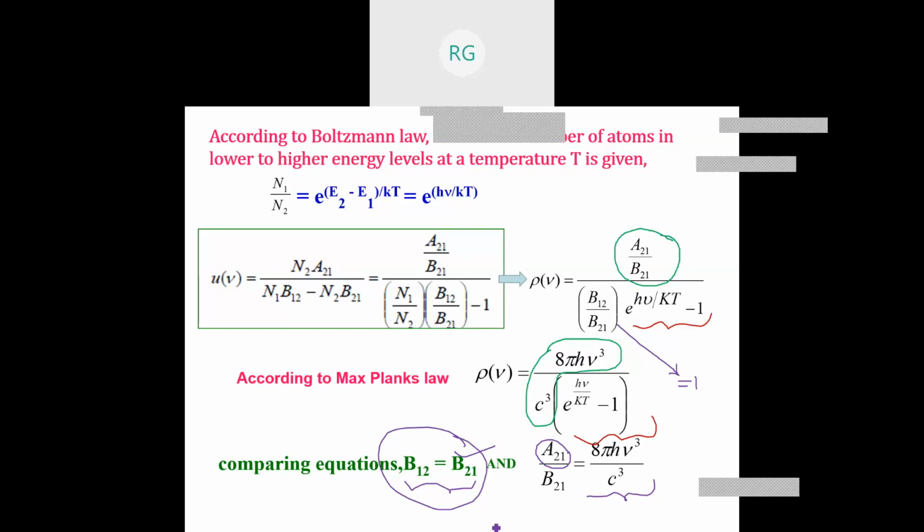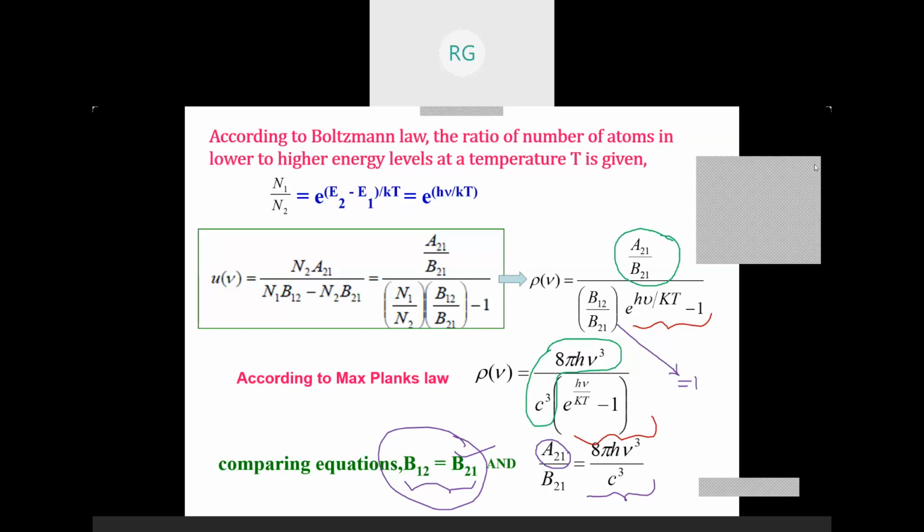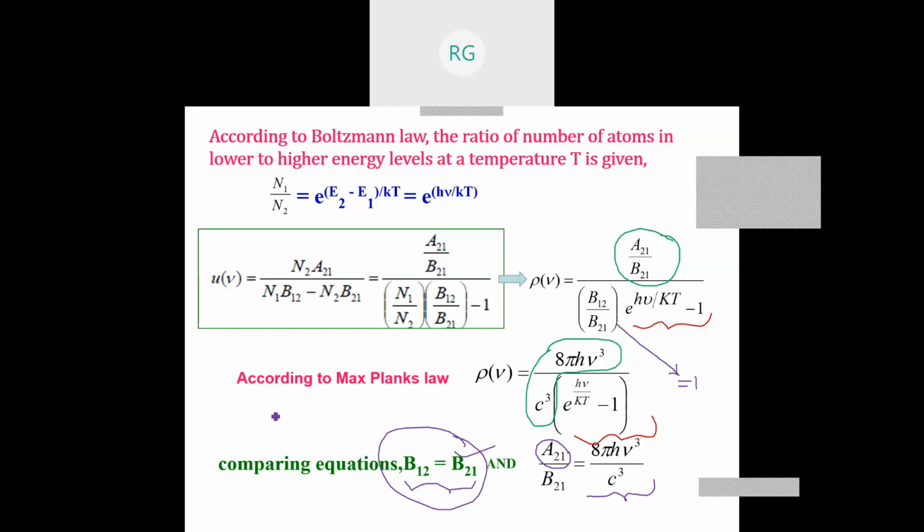By this equation you can also tell that if I have only two energy levels, E1 and E2, and of the atoms in the higher energy level, two of them have fallen down, then I have only 50% atoms here and 50% atoms here.